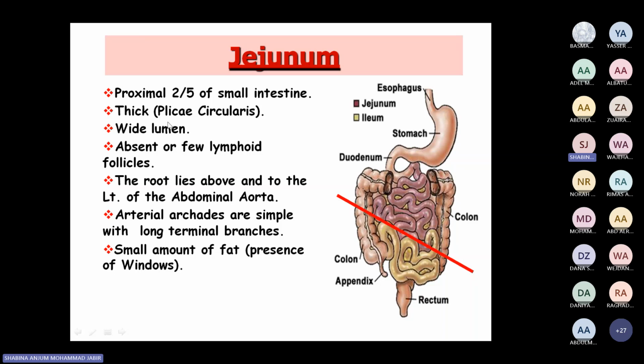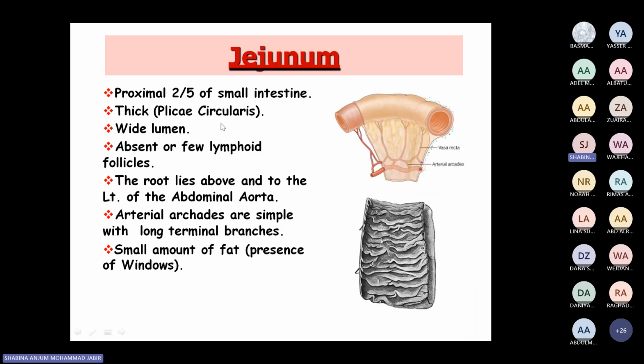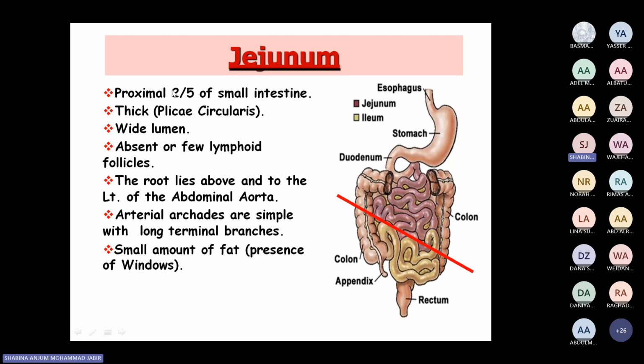Why is it thick? Because of the presence of folds. Can you see this is the open part? Here you will find many folds which make it thicker. What are these folds called? Plica circularis. It has very few lymphoid follicles.